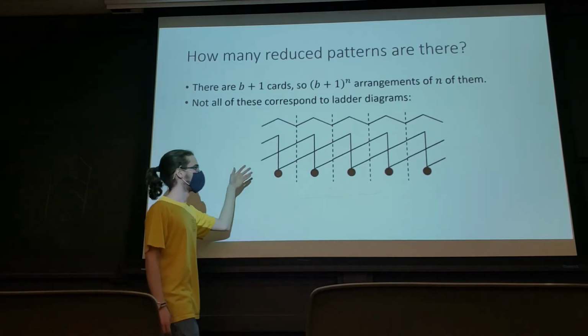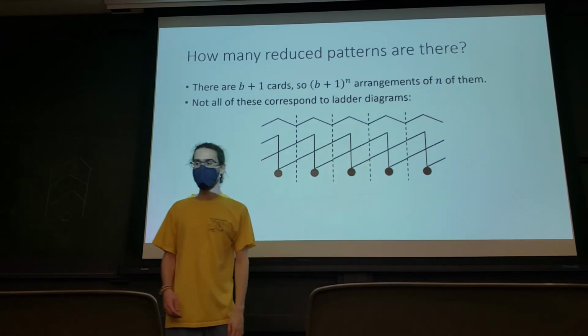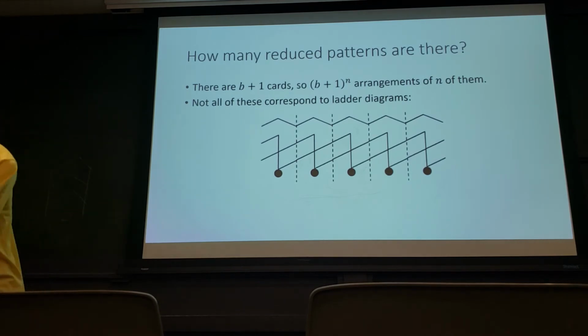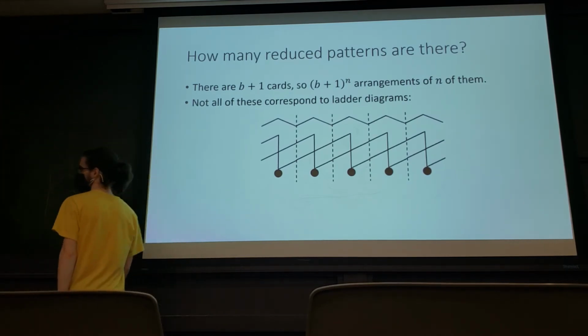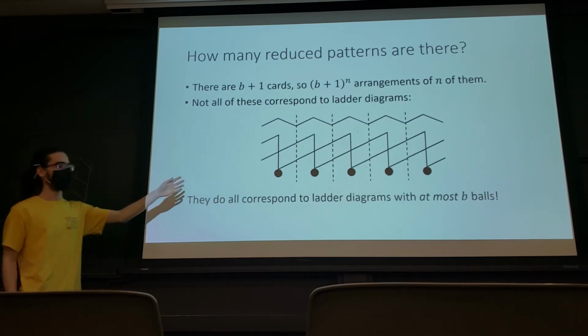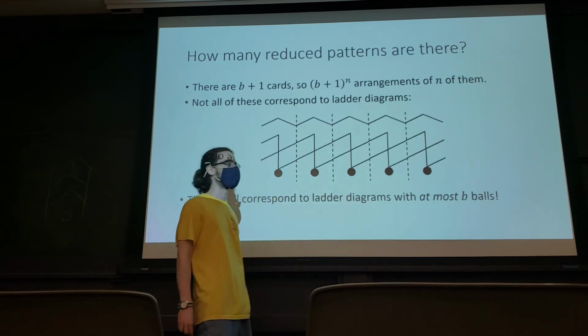This corresponds to the ladder diagram for the pattern 2, which is very boring, just this. But it's a juggling pattern nonetheless. So that means that any arrangement corresponds to a ladder diagram with not b balls, but at most b balls, or fewer.